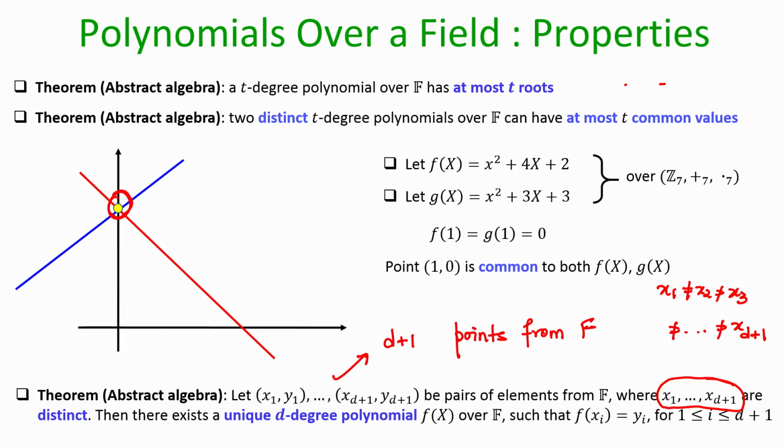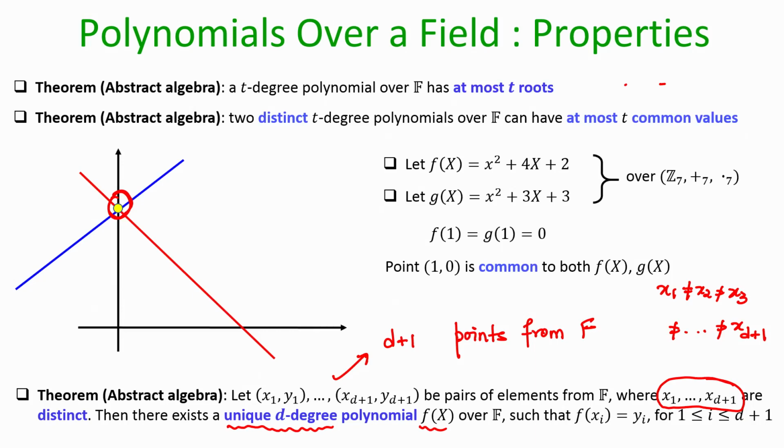Then this theorem says that there always exists a unique polynomial of degree d, call it f of x, such that these x y pairs which are given to you constitute points on that polynomial f of x, or lie on the polynomial f of x. So, basically what I am saying is the following.